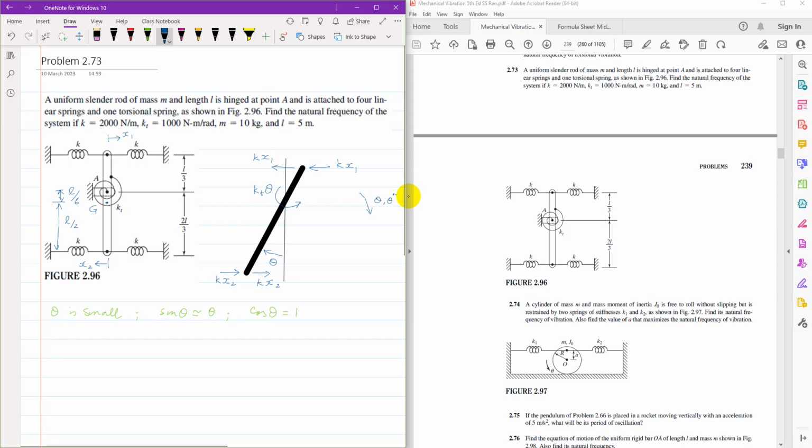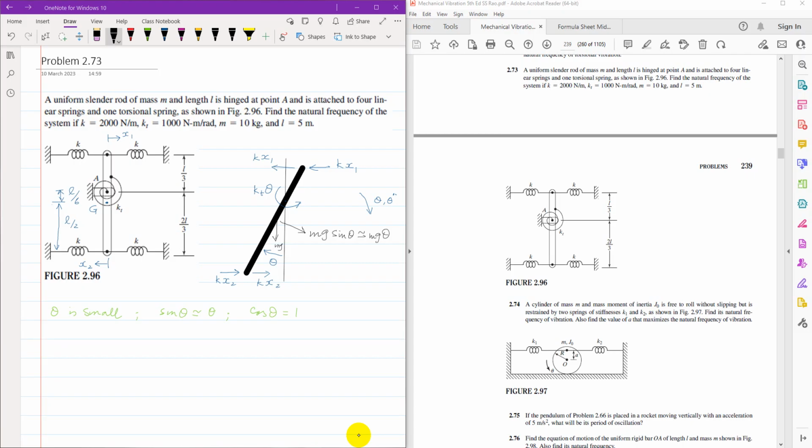And then another force is acting here, which is due to the weight of the rod, and that is mg. So the weight mg can be resolved into two components.